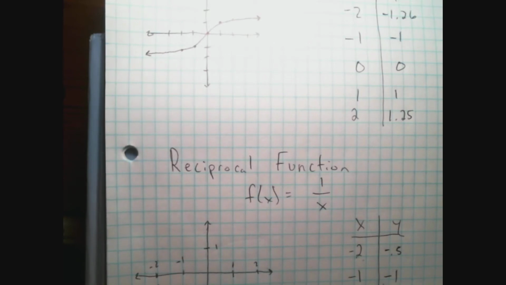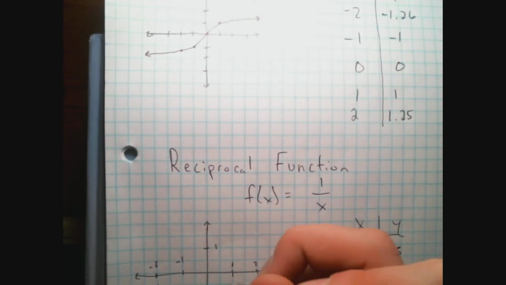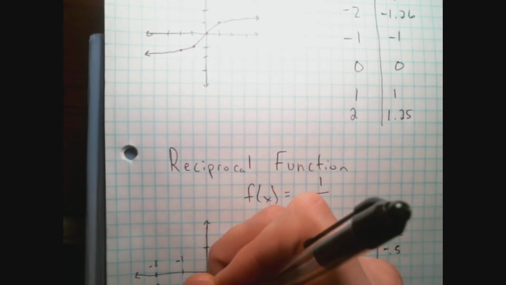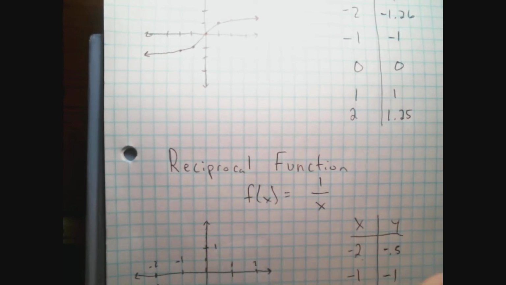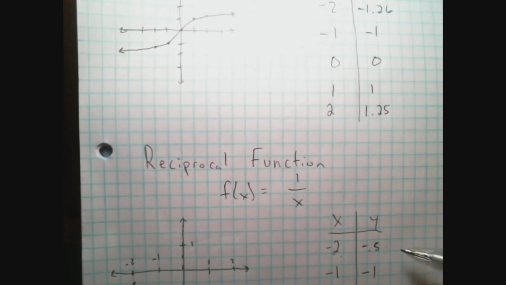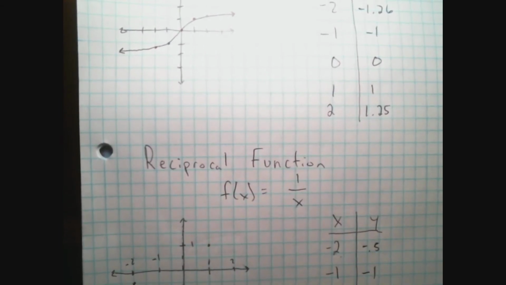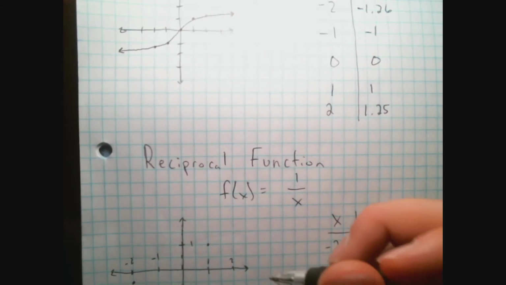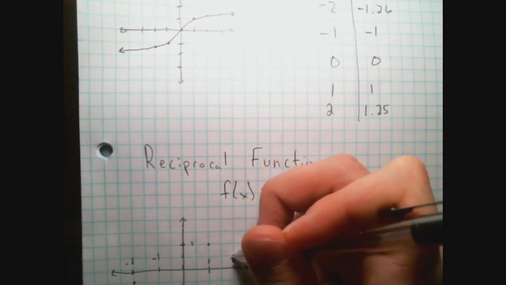Then at -1, it would be -1. 0 is undefined, so that means there's a vertical asymptote right here that it would not touch. Then on the positive side, you would have a point at 1, 1, and another point at 2. Then when x is 2, y would be 1/2. So it would be right there.